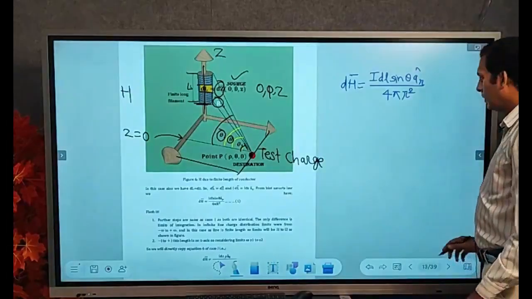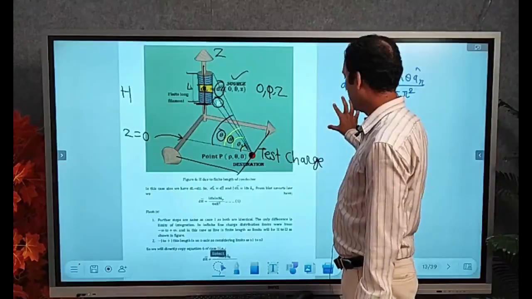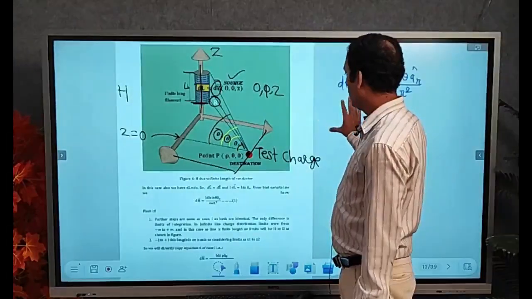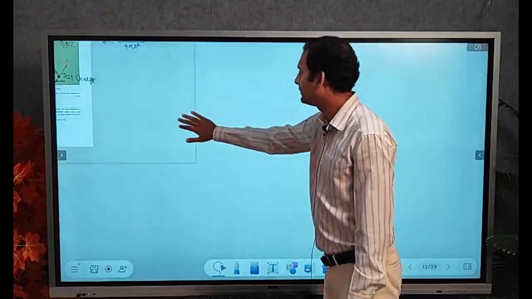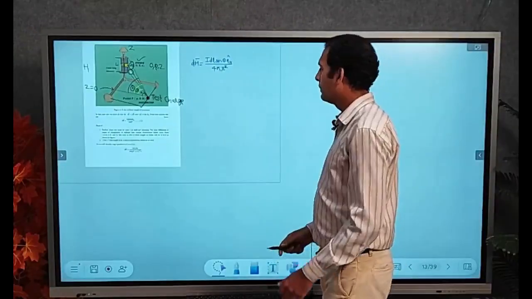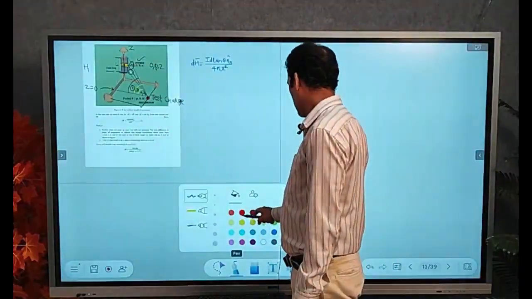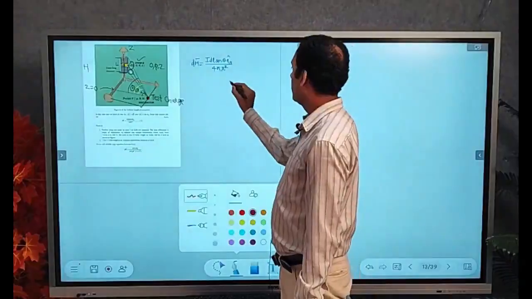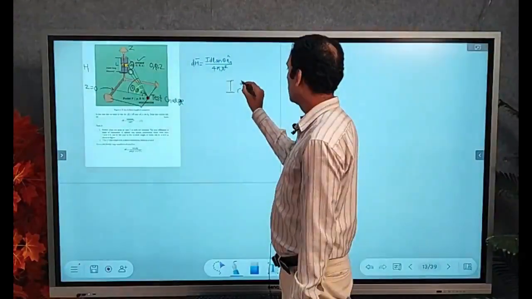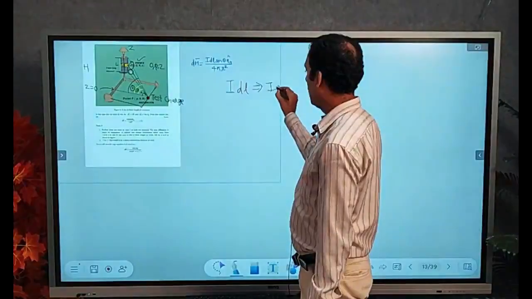Now here we can do some substitutions. So what substitutions do we have to make here? In place of I dl, now I dl is present on the z axis, so we can keep it as I dz.